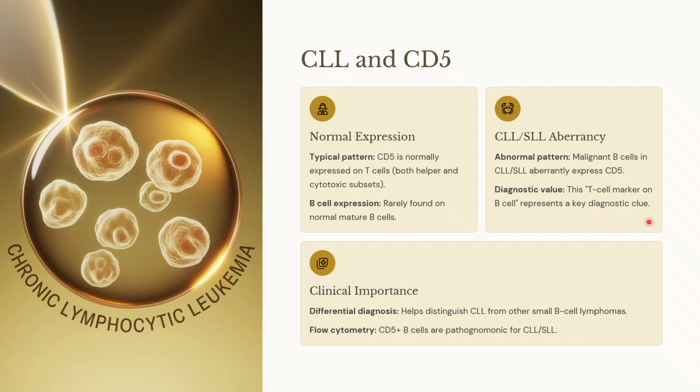This is why we often say that CD5 positivity on B cells is pathognomonic for CLL and SLL. So in short, when CD5, which is supposed to be present on T cells, is aberrantly expressed on the B cells, then it is a malignant B cell lymphoma, CLL, chronic lymphocytic leukemia.